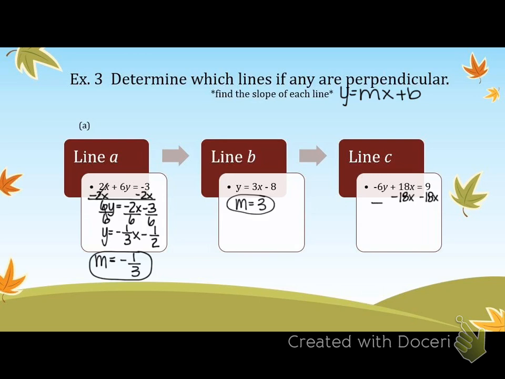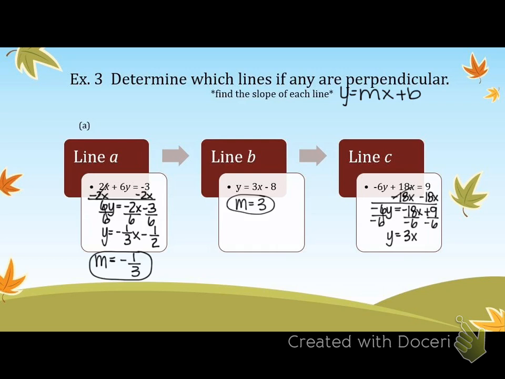We bring down the negative 6y, and it equals, Seth, what are we bringing down on the right side of this problem? Negative 18x plus 9. Perfect. All right, and to finish this off, we're going to do what? Divide every single term by negative 6. So y equals, what's negative 18 divided by negative 6? Positive 3x.